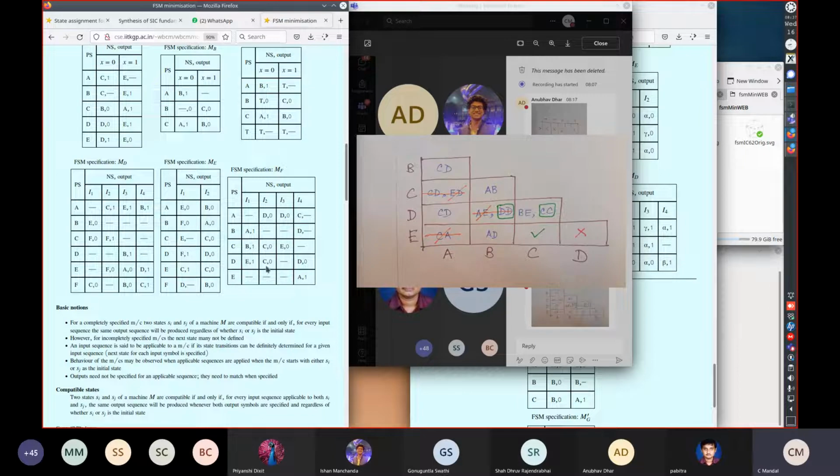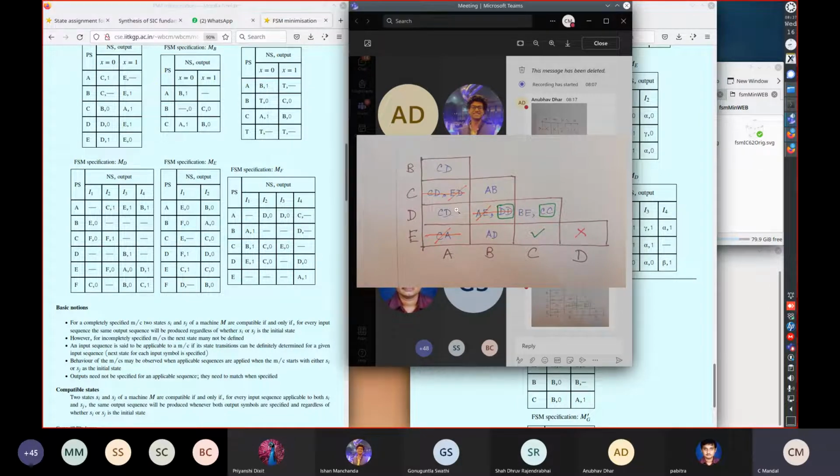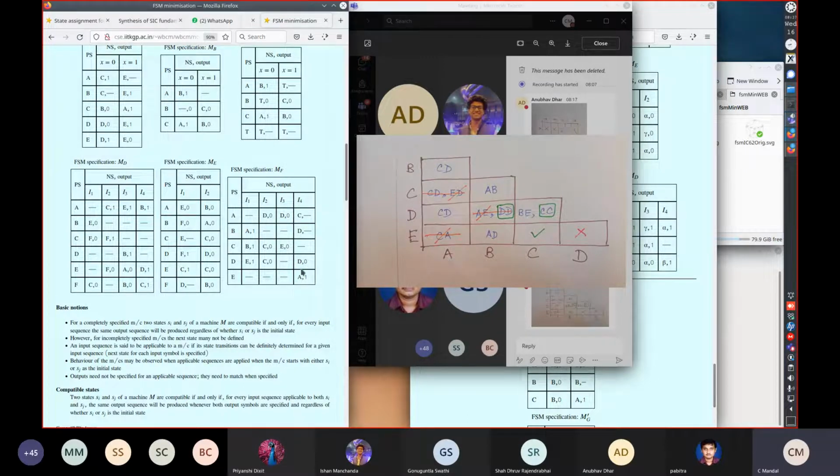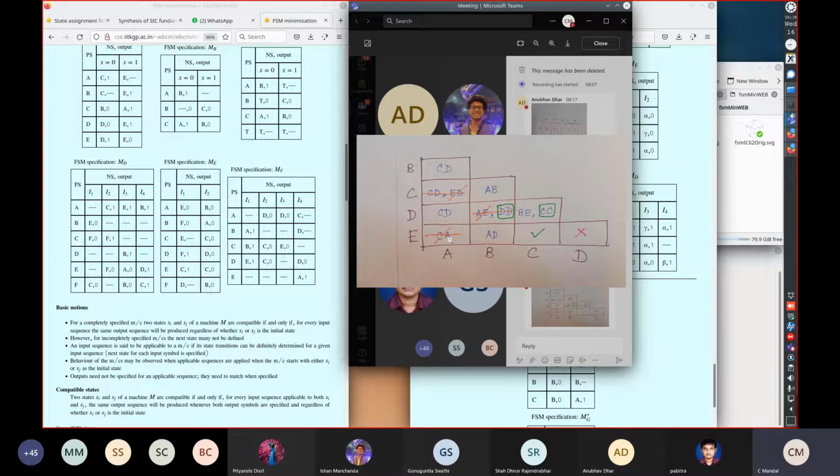AD will depend on CD. And AE will depend on AC.